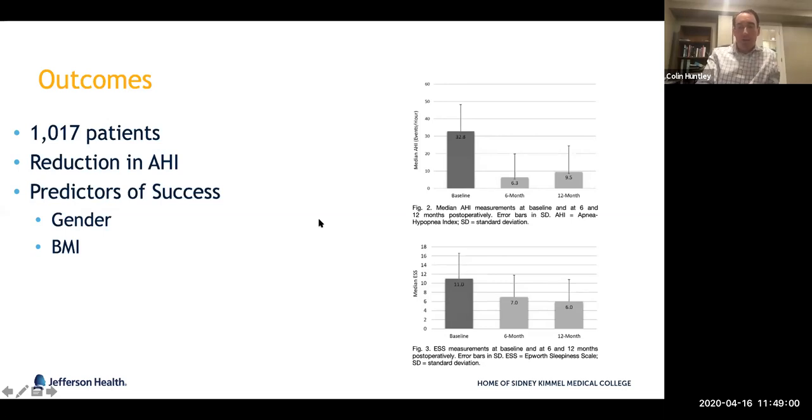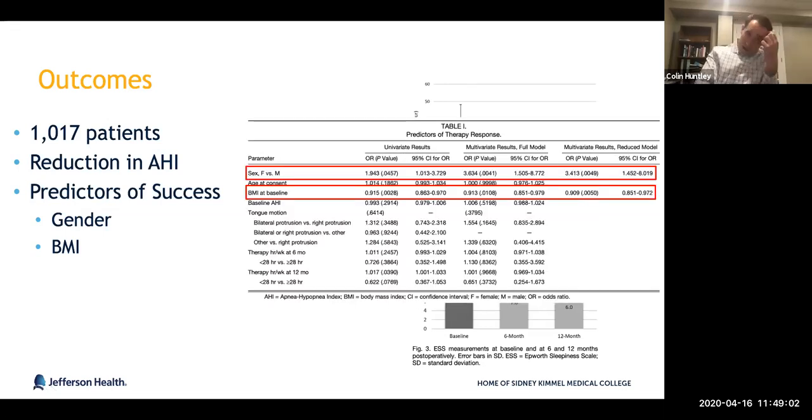They found that gender and BMI were predictors of success, where female gender was a statistically significant predictor of having a more favorable outcome. And like we mentioned earlier, a lower BMI at baseline was also predictive of a higher success rate.